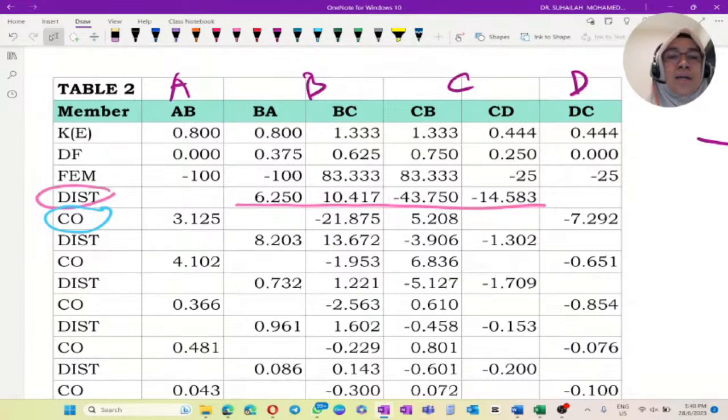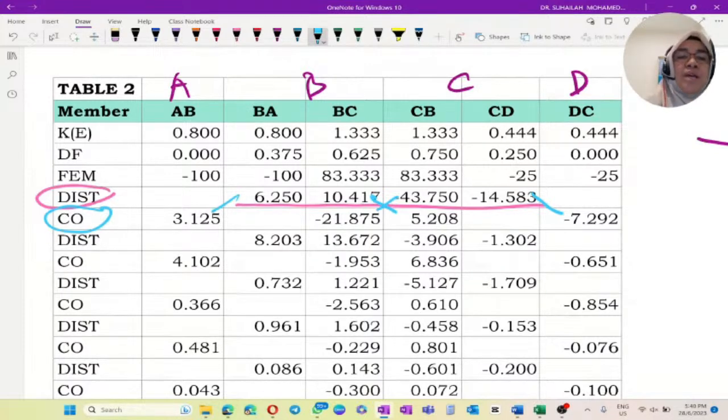Since in this example A and D are fixed ends, and internal also fixed, all factors we use here are 0.5. That is why the value that we carry over, we divide by 2. At this level, carry over, we have to remain the sign, do not change sign. We just multiply with the factor 0.5.